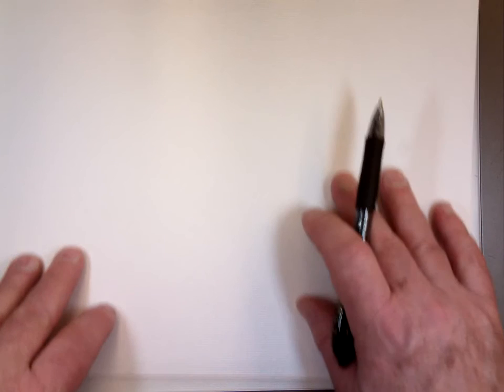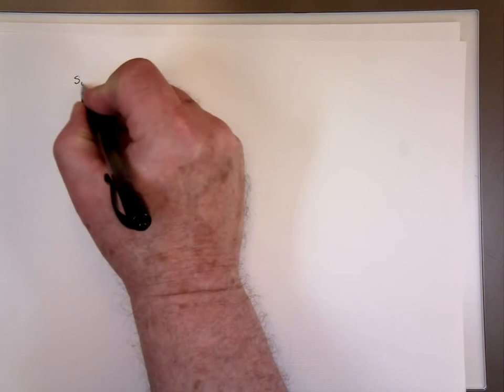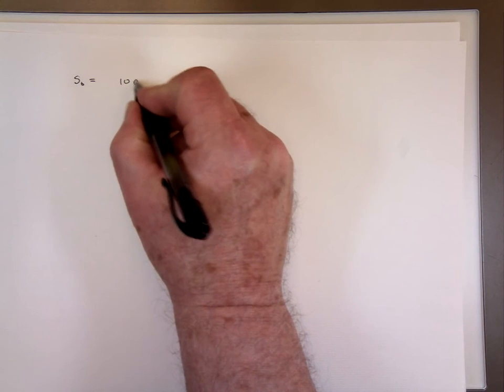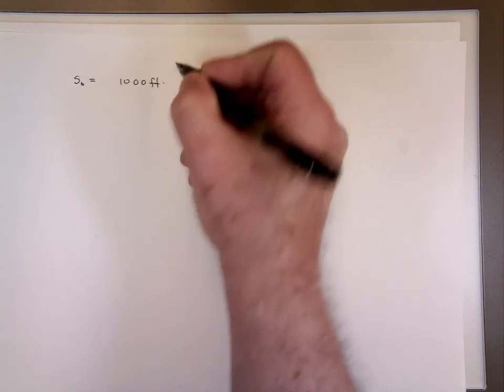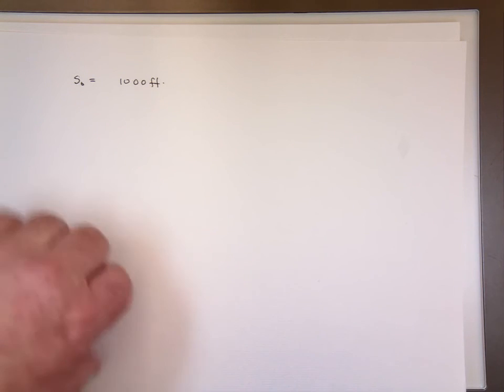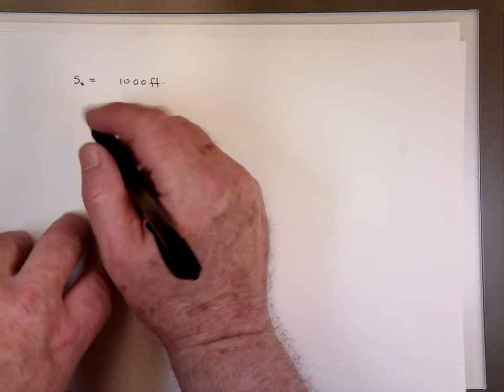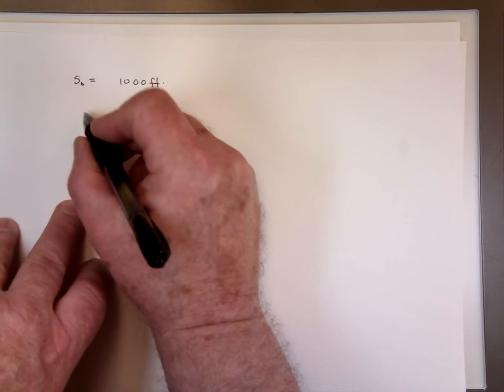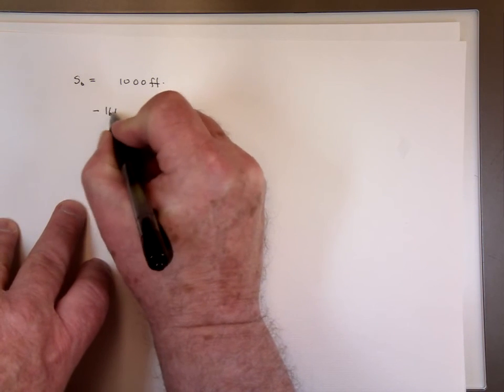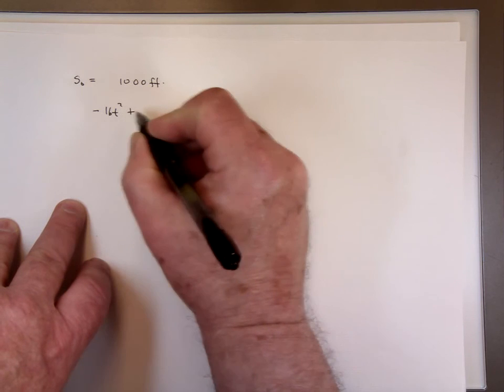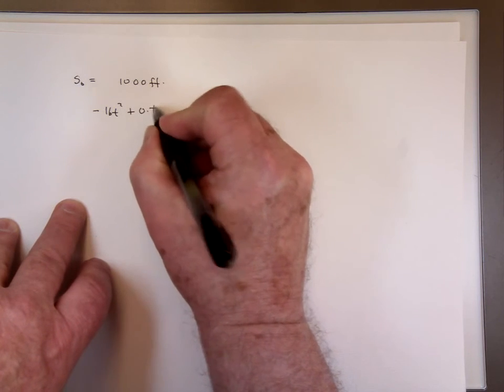So what do we know? S sub naught is equal to 1,000. We want to find the velocity when it hits the ground. Let's find the time it takes to hit the ground, the time it takes S to be equal to 0. So we want negative 16t squared plus 0t, that's our initial velocity, plus 1,000 to be equal to 0.